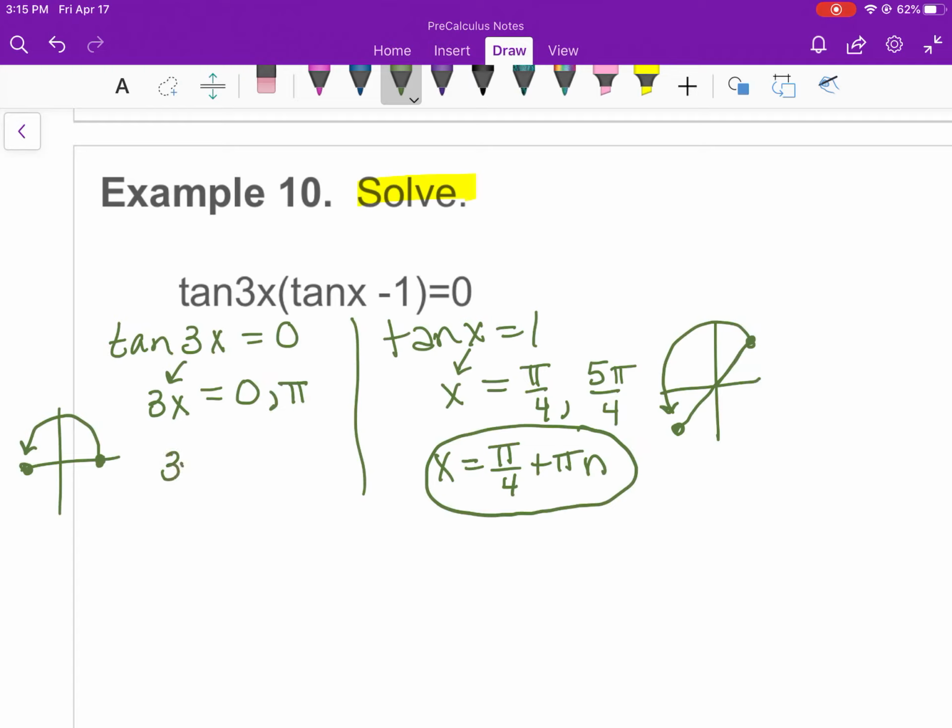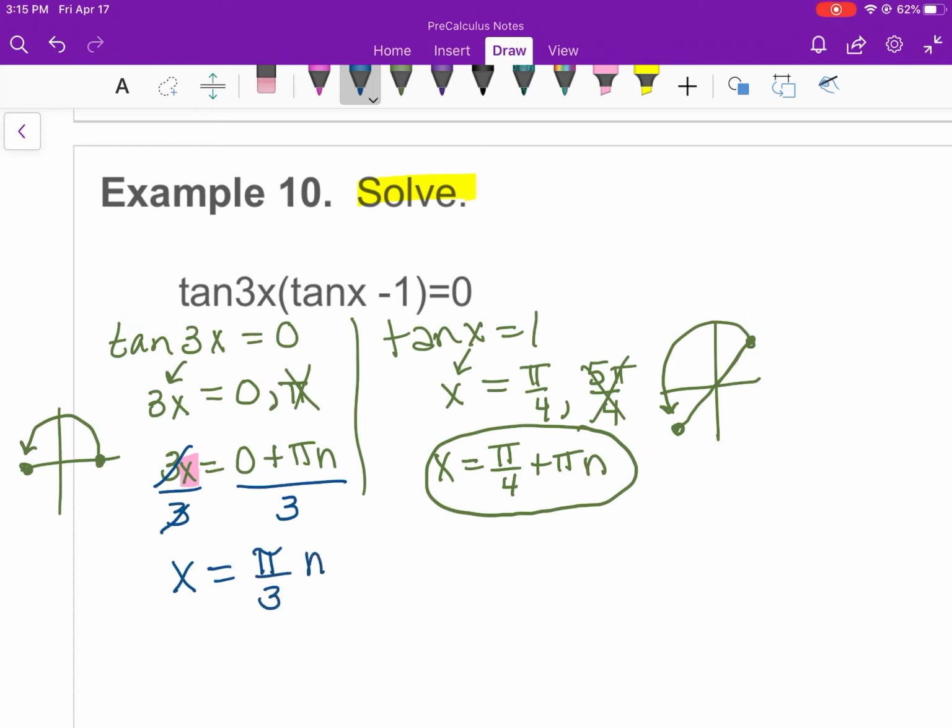So I'm going to have 3x equals 0 plus 180. I don't need this one because they're 180 apart. And then I have to take care of getting x by itself. So at the very end, I'm going to divide the whole thing by 3. So we have this set of answers and this set of answers that complete our solution set.